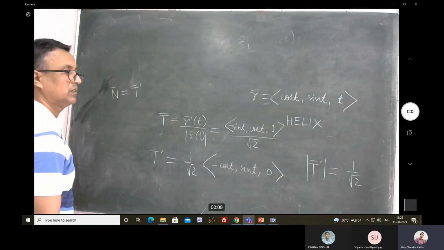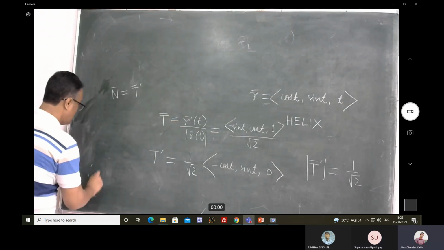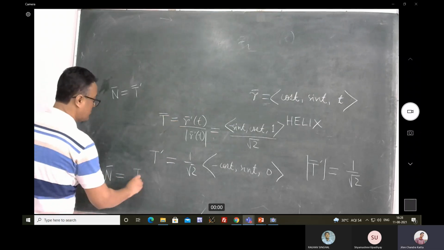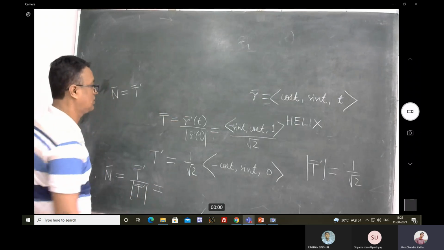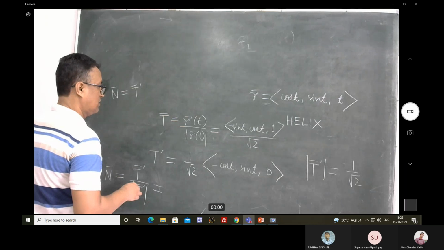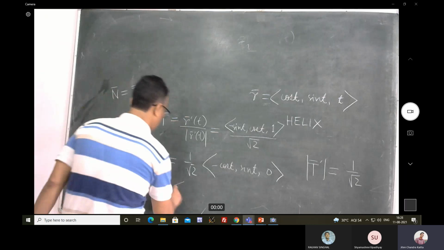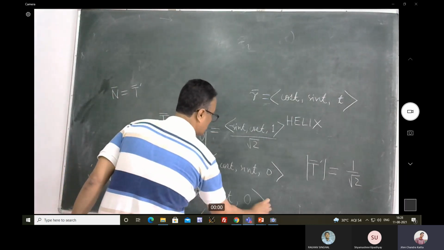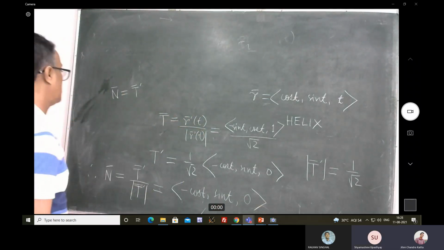So that is why the unit normal vector is simply T prime by the magnitude of T prime, which is simply minus cos t, minus sin t, 0.